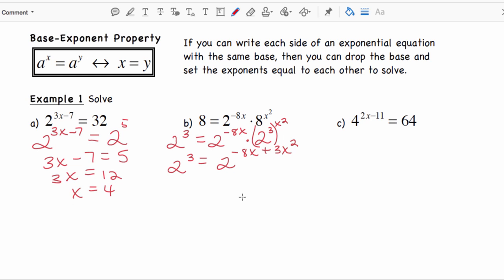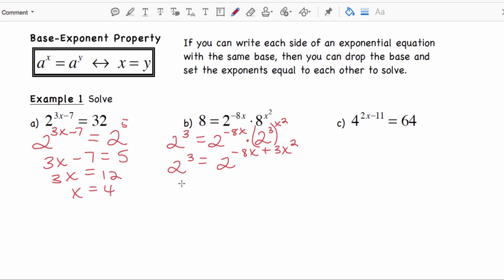So when I raise a power to a power, I multiply my exponents. 3 raised to x squared is really just 3x squared. And then I have 2 like bases that are being multiplied together, so then you just go ahead and add your exponents.